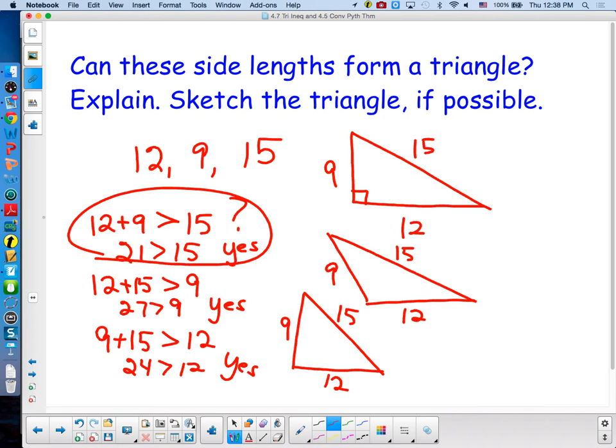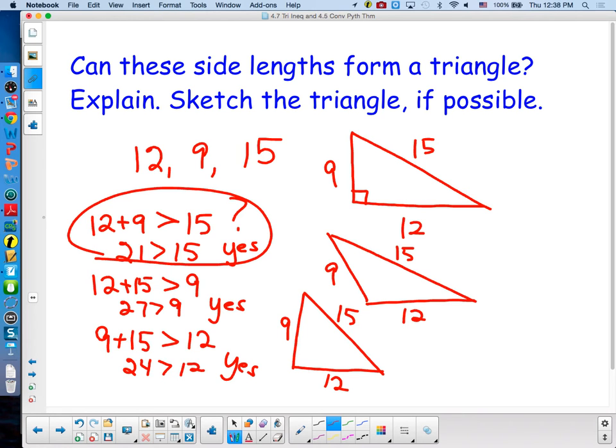Well, let's try those numbers in the Pythagorean theorem. Because it could maybe look all of those ways, you have to figure out which one's the right one. So let's try a squared plus b squared equals c squared and see if that works. Then I would know it's a right triangle. If it doesn't, we're going to have to do some more thinking. So which number would we use for A, B, and C?